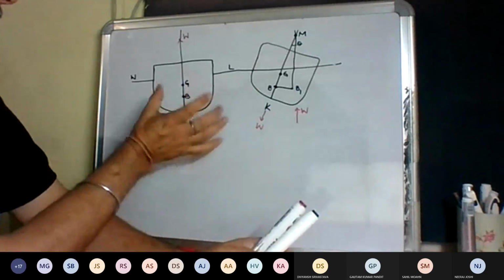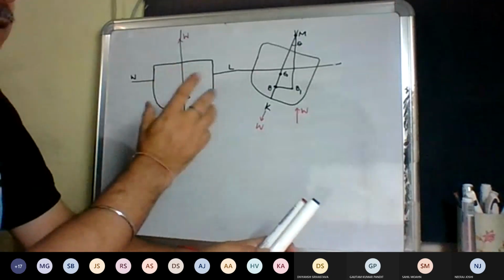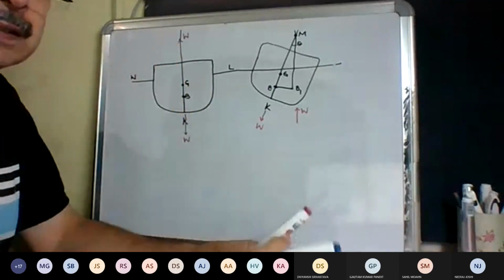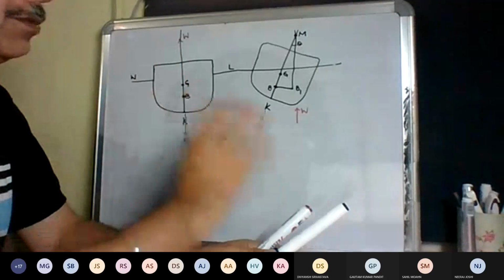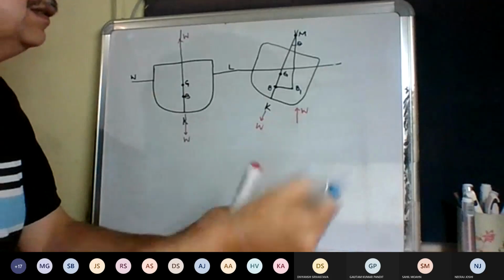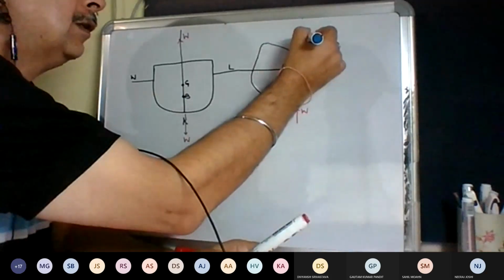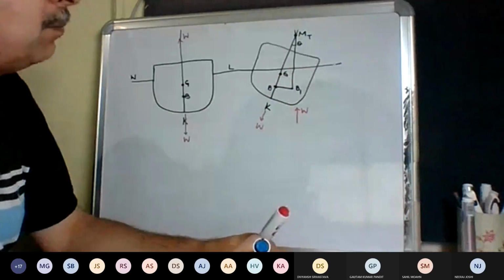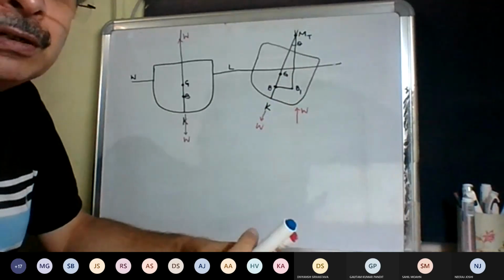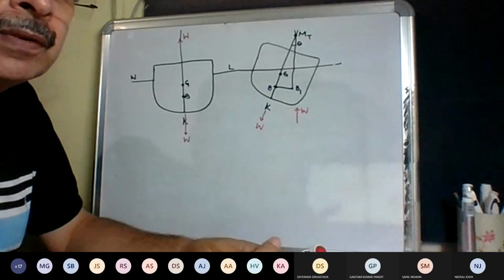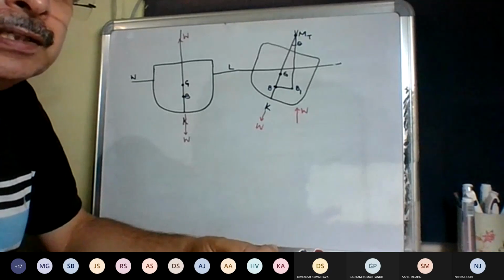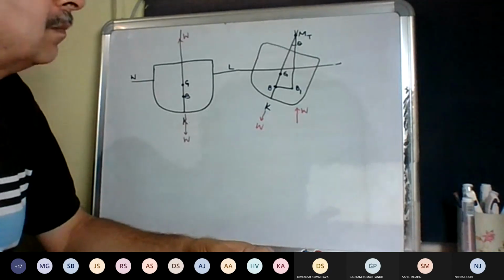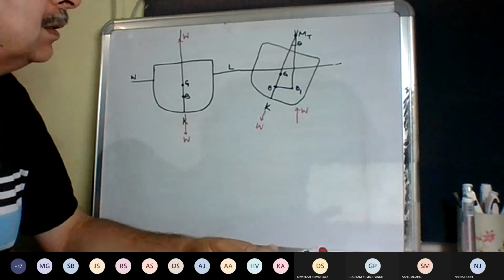Since the axis in question is a transverse axis, or the side we are talking about is the transverse side, therefore the M has a small subscript T attached to it, which is called the transverse metacentre. This is called MT.